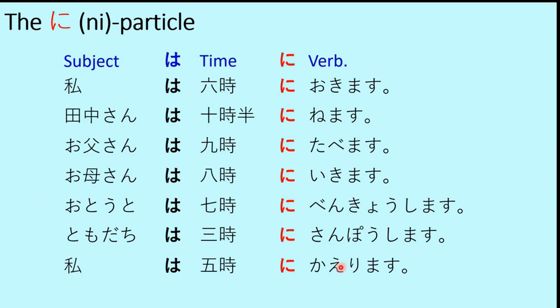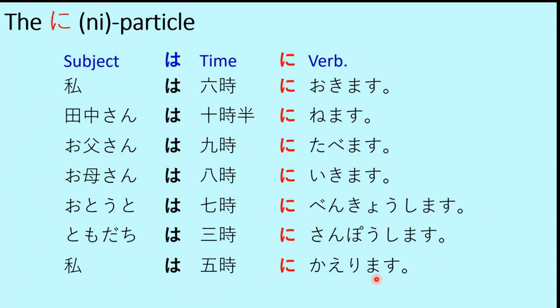Ikimasu is not used. If we go to our home, then it is always kaerimasu. It's not ikimasu. So watashi wa 5時に kaerimasu. I return home or I go to my home at 5 o'clock. I will return home at 5 o'clock.